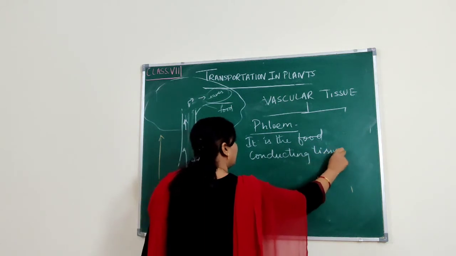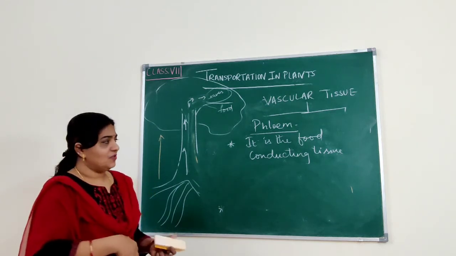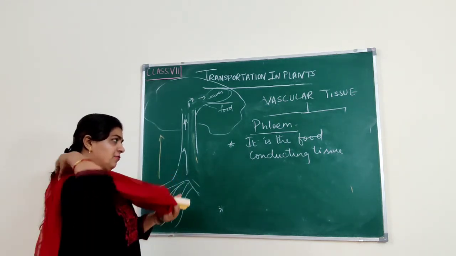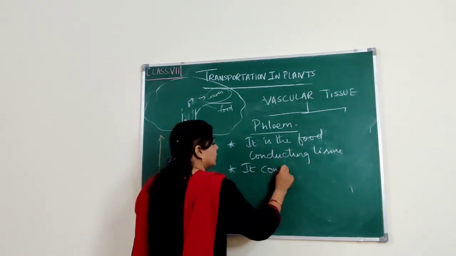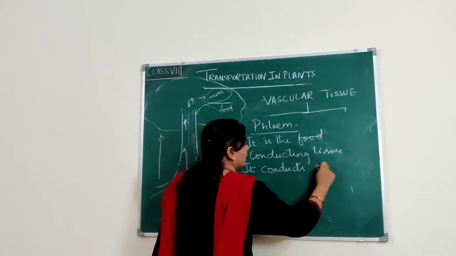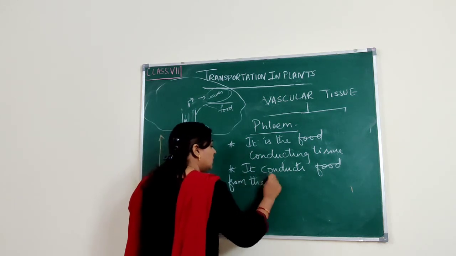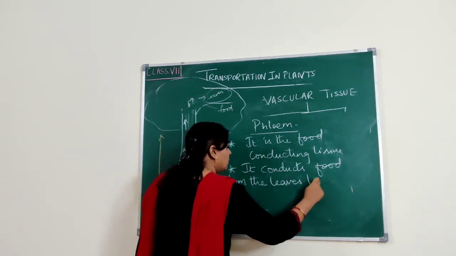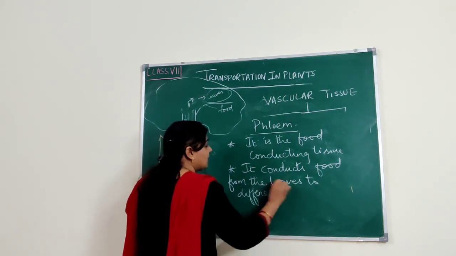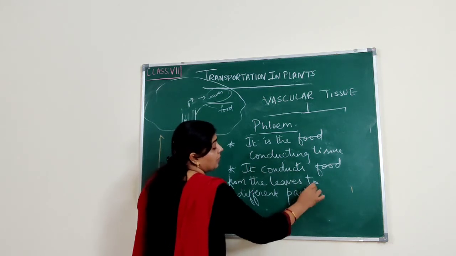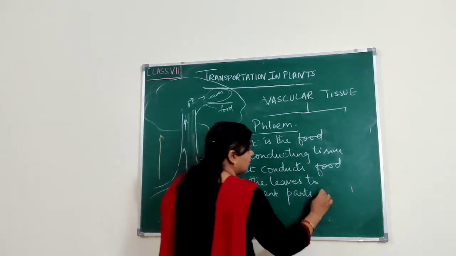It is conducting food from the leaves to different parts of the plant. So which are those different parts of the plant? It is stem, root, storage structures, different parts of the plants.